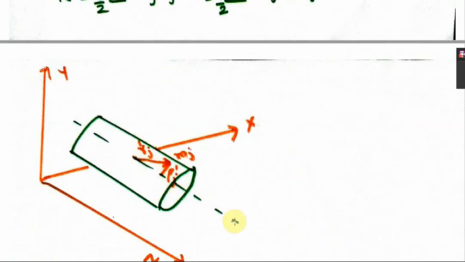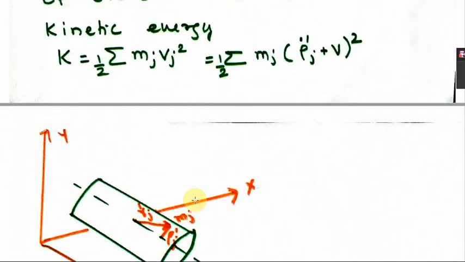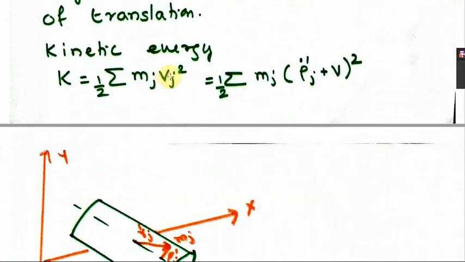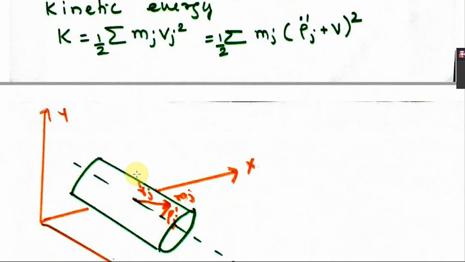This is the axis along which the drum or the wheel is rolling. So vj I can write as rho j prime dot plus V. V is the velocity with which the center of mass is moving along the axis, and the velocity along this direction is rho j prime dot.